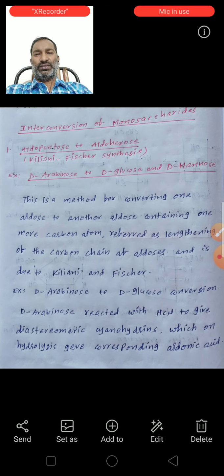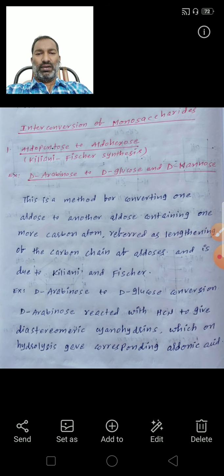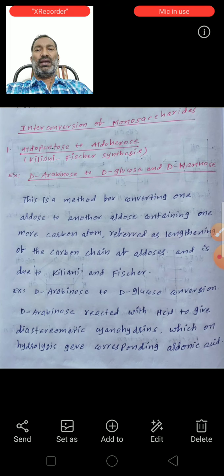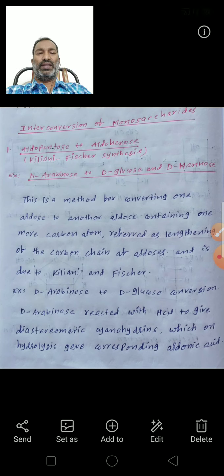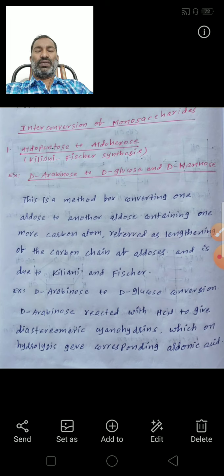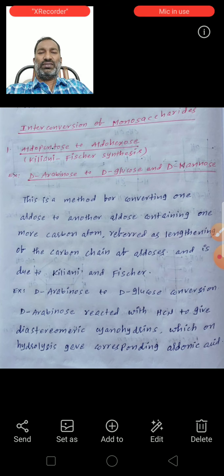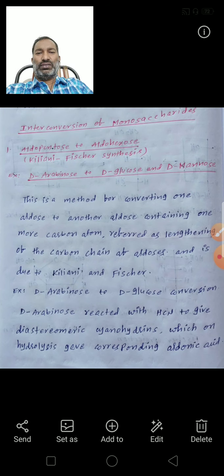D-glucose and D-mannose both contain the aldehyde functional group and 6 carbon atoms, so they are examples of aldohexoses. D-glucose and D-mannose are epimers, which means they differ in configuration at the C2 carbon atom.